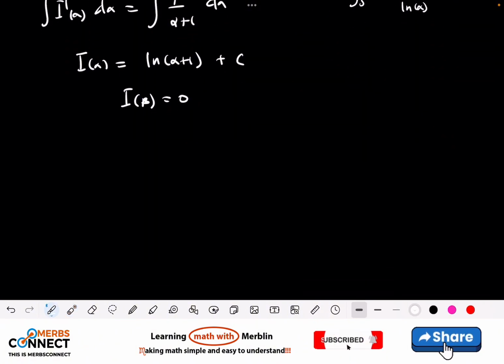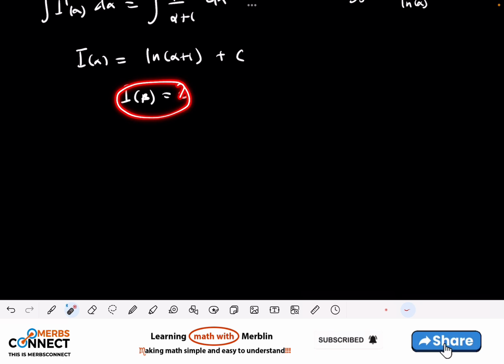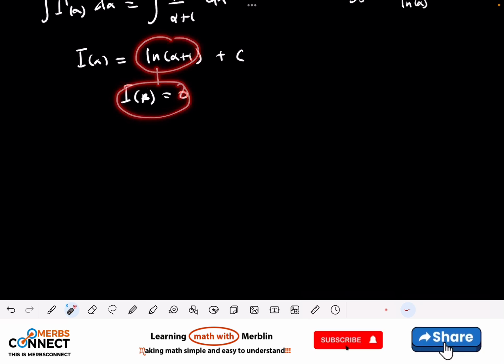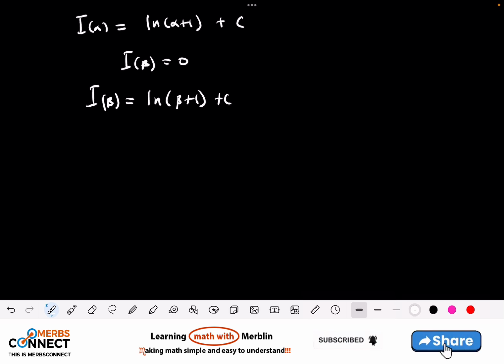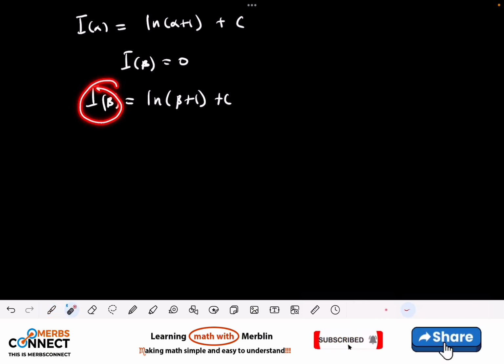So when we plug our initial condition into this, we are going to have I of beta equal to ln of beta plus 1, plus c, right? And now I of beta is equal to 0.